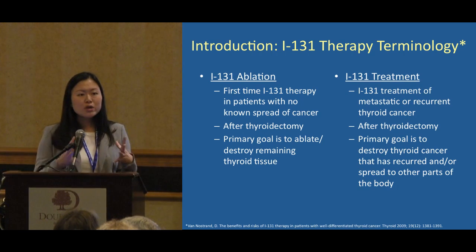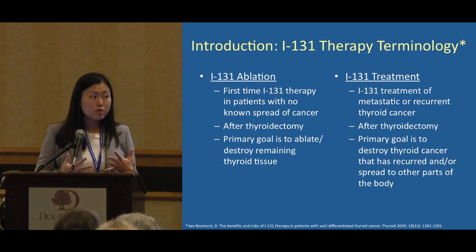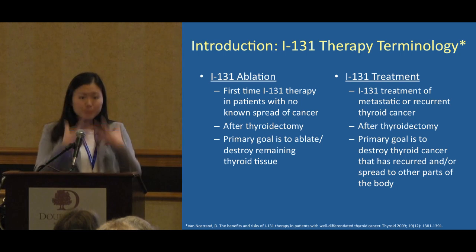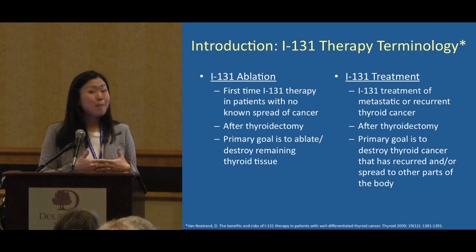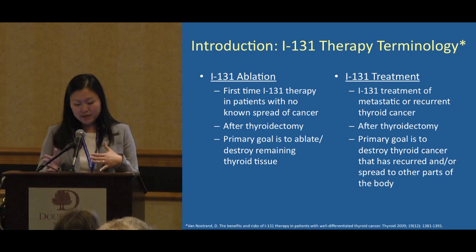I-131 treatment refers to using radioactive iodine in patients who unfortunately have spread of the thyroid cancer to other parts of the body, or maybe you were already treated and it has come back. In those patients, we would say we were doing an I-131 treatment. And same thing, it's done after surgery.